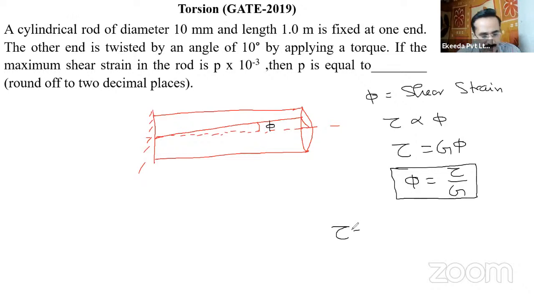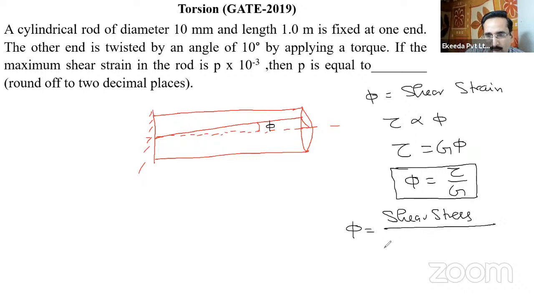This phi will be equal to shear stress divided by modulus of rigidity, isn't it?